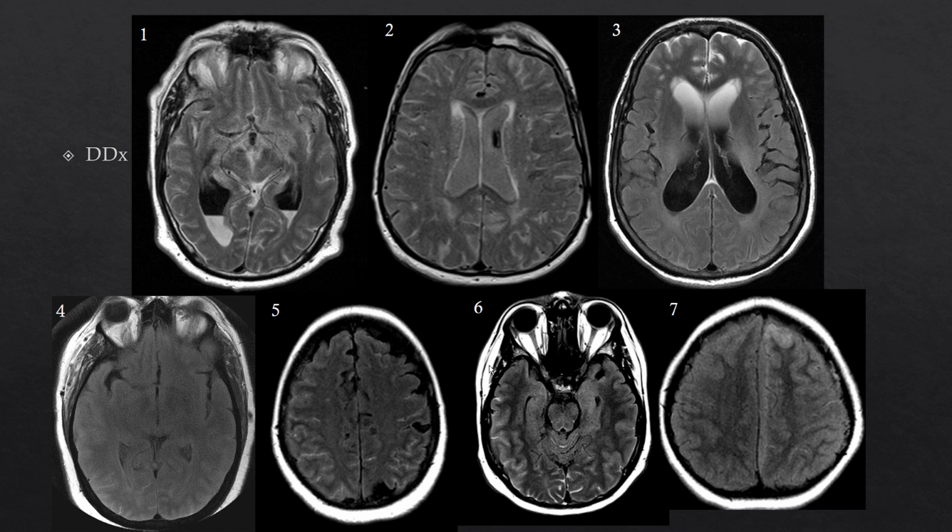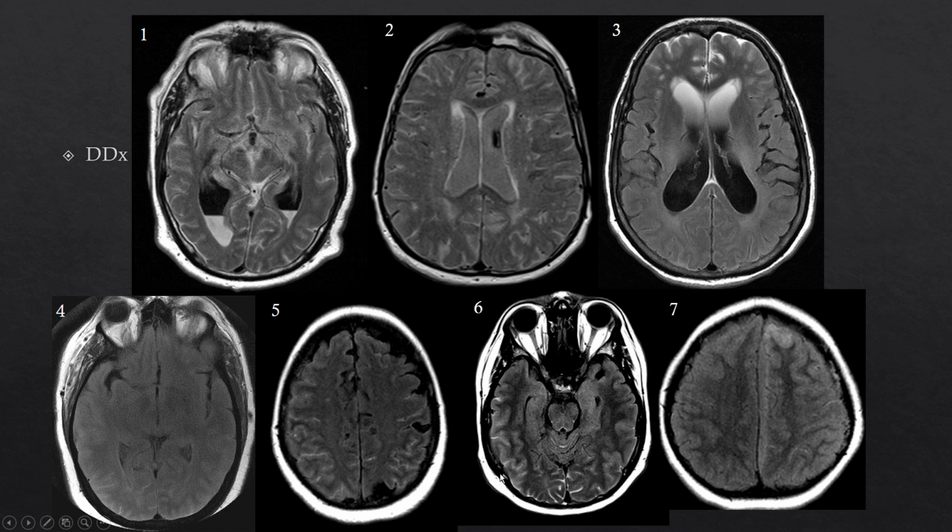Number 3 is another case of hardware where you have dental hardware resulting in abnormal signal anteriorly. Number 4 is a case of carcinomatosis with tumor cells in the CSF resulting in abnormal signal. Number 5 is leukemia with abnormal signal within the subarachnoid space extending along the sulci.